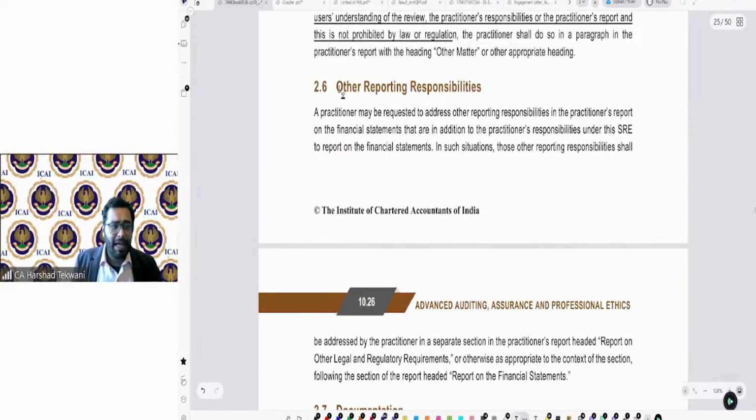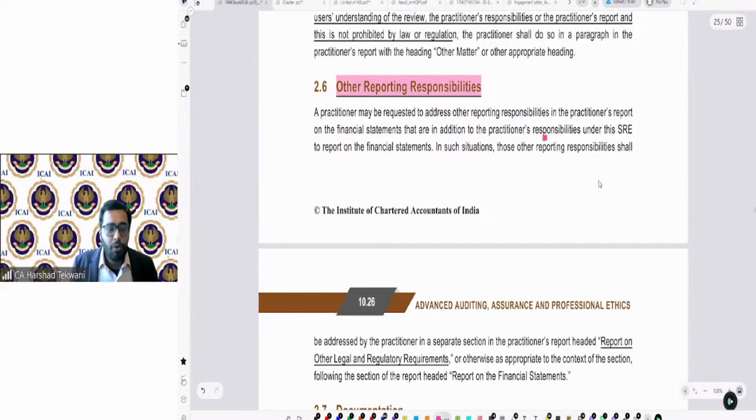Then other reporting responsibilities. If there is any other law or regulation which requires the practitioner to report some additional matters over and above the limited review, then a paragraph on other legal and regulatory requirements should be added, and under that paragraph the matters are required to be stated.